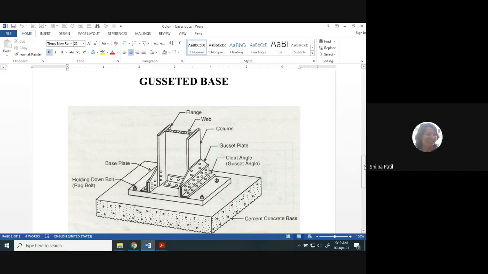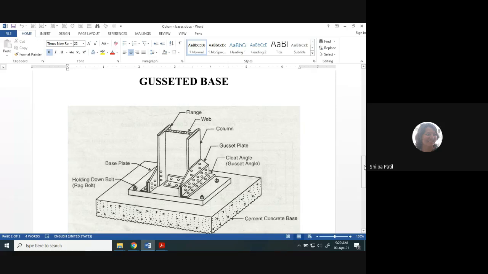You have to decide which type of footing you are going to provide to your industrial shed. Normally, if the height of the industrial structure is not very high, and if the gantry girders are not there, like the industrial shed which you are designing right now, where you are not considering the gantry girders, then the slab base is normally sufficient.